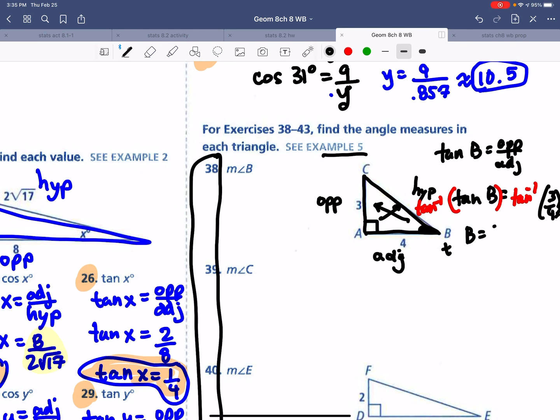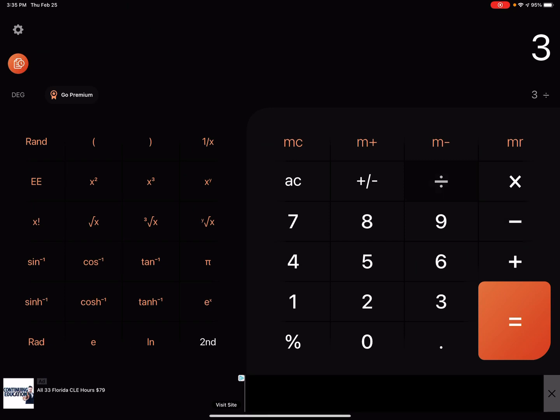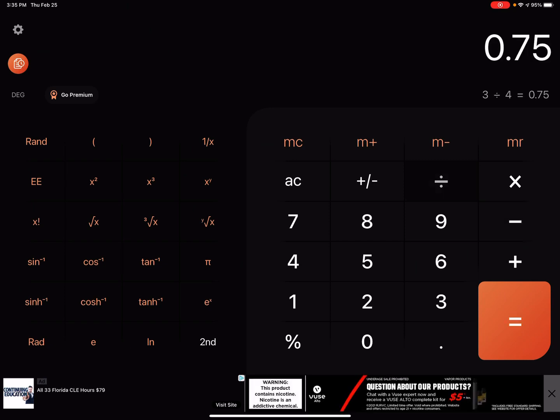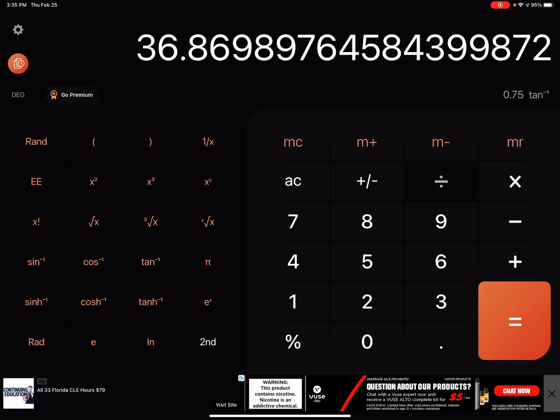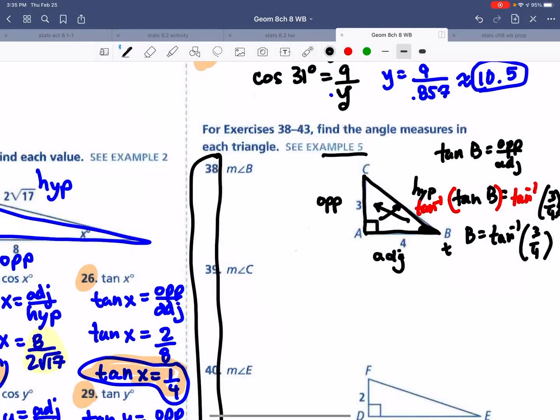B is equal to the inverse tangent of 3 over 4. All right, so 3 over 4, yep, is 0.75. Make sure your second button's on, inverse tangent. 36.87. So 36.87 degrees. What would C be?